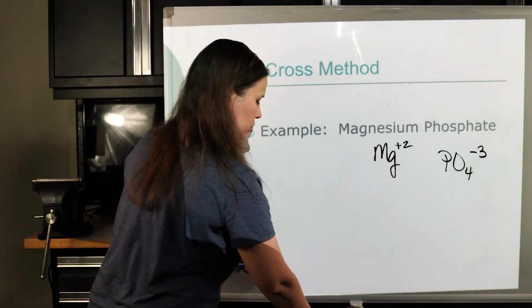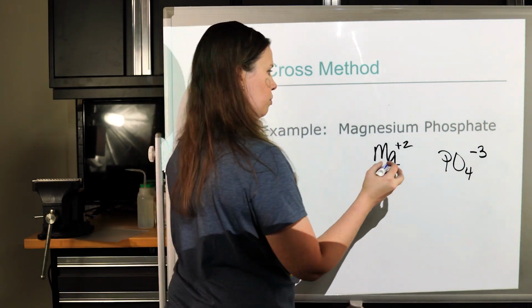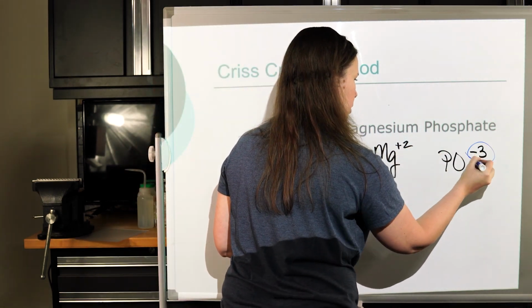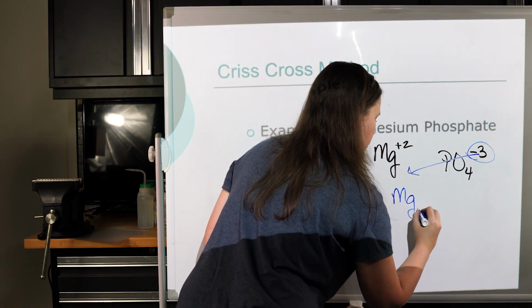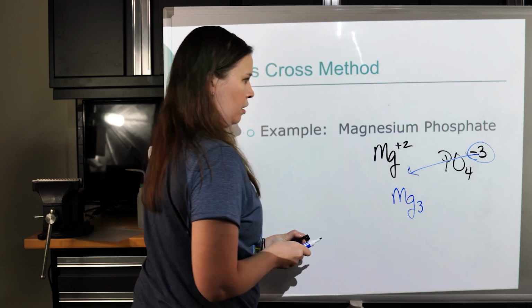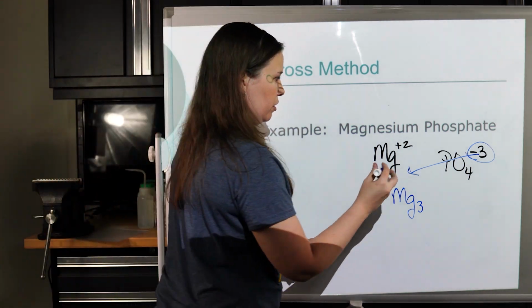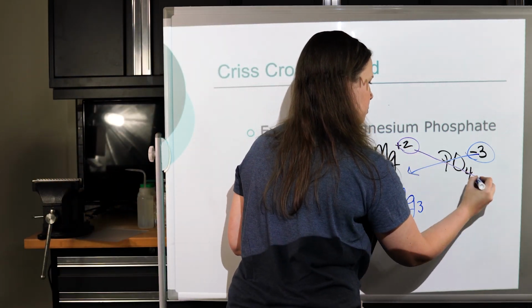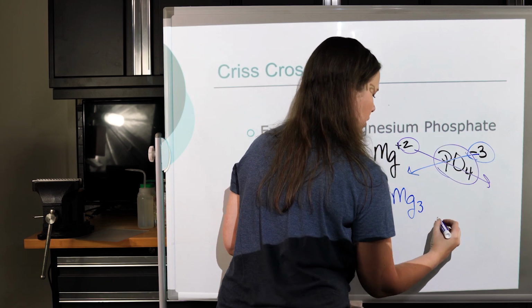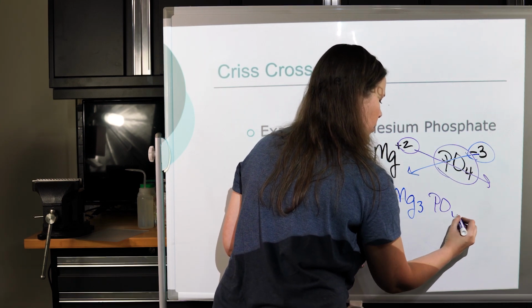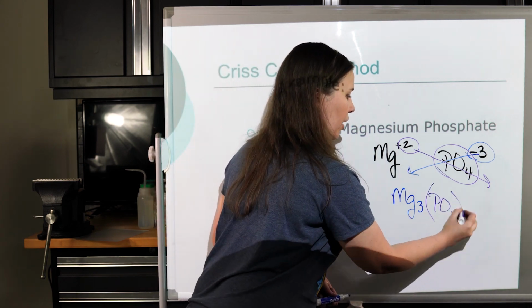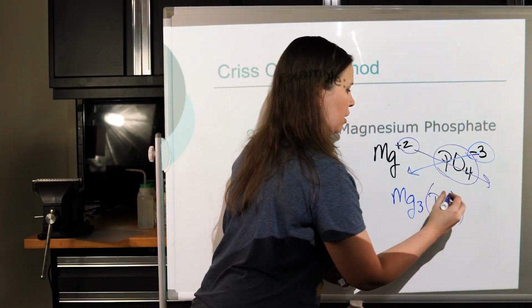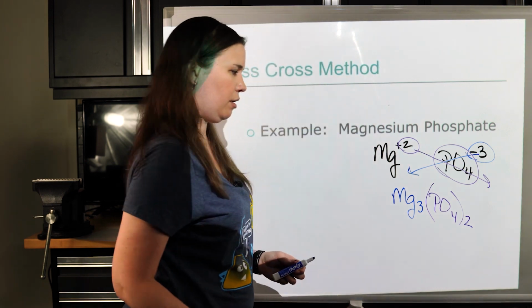So now when we crisscross this, you're going to take your -3, or the 3, to be your subscript for your magnesium, Mg3. The tricky part is with the phosphate. The 2 is the subscript for this entire phosphate. So you're going to write your PO4, and the 4 is part of the phosphate. I'm going to put that whole thing in parentheses, and then put the 2 on the outside there.